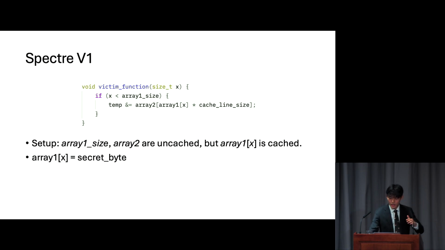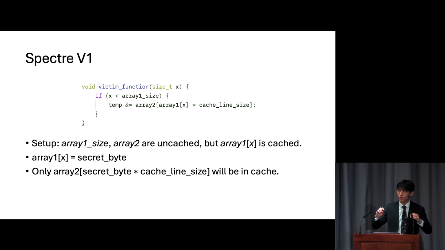We can use that fact to run a timing attack to see which cache line block of array 2 was read by the victim. So hang on with me for a second. Let's say the speculative execution ran.